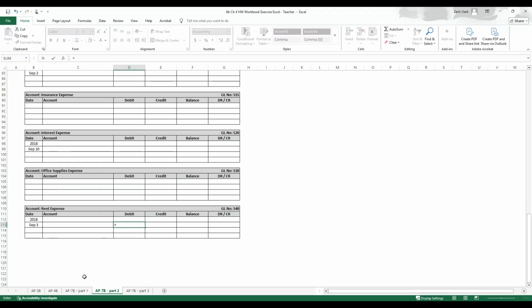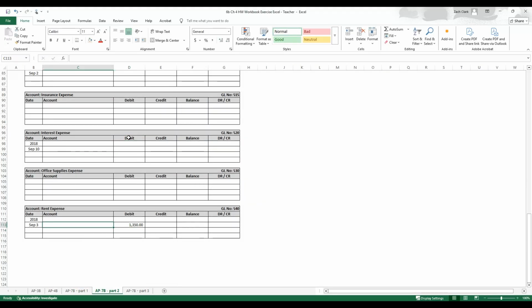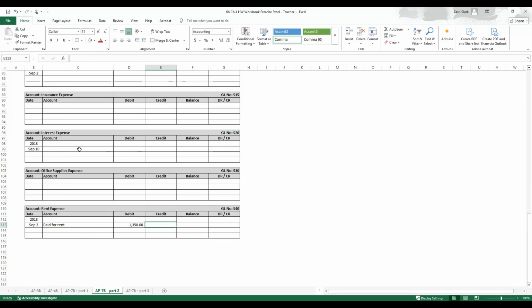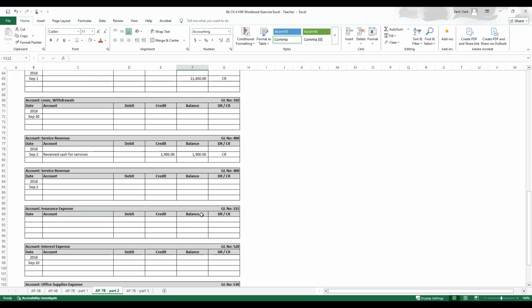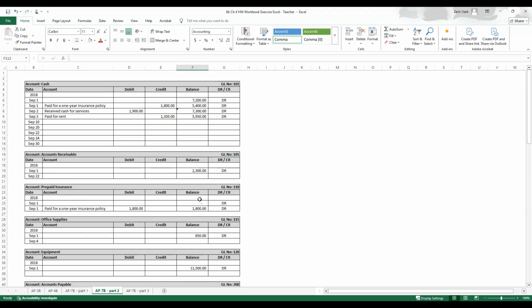And expenses are debit increases here. And there's only that one transaction, so we don't have to account for a running total yet because we just had one transaction.